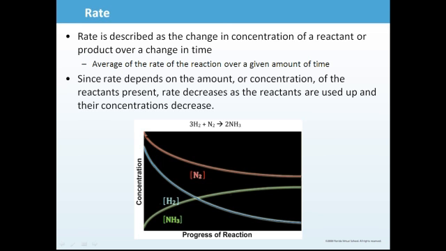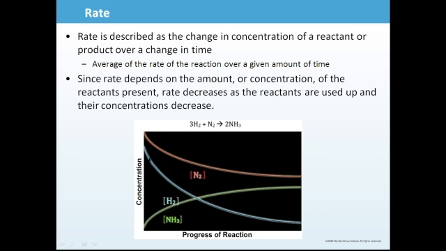Because of this decrease in the reactants, we're also going to have a decrease in the reaction rate. That's why, when we're talking about rate, we have to understand that we are looking at the average change in that rate over time.